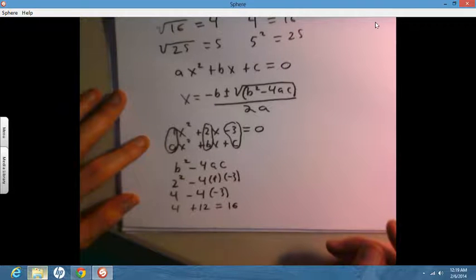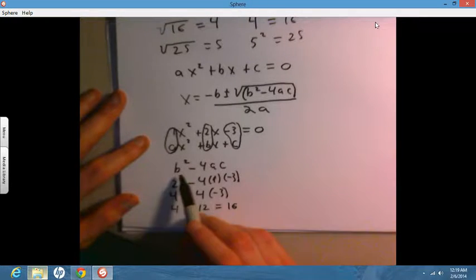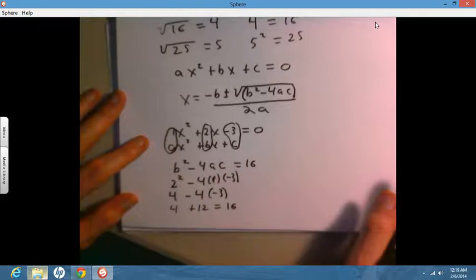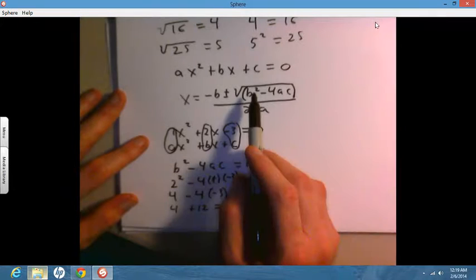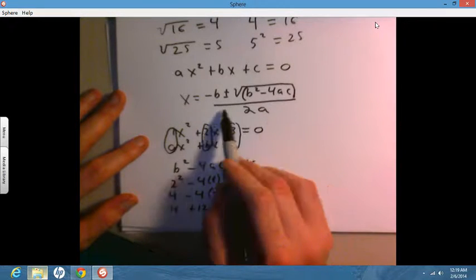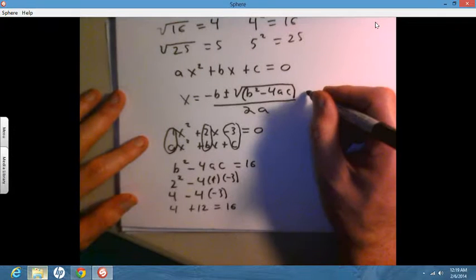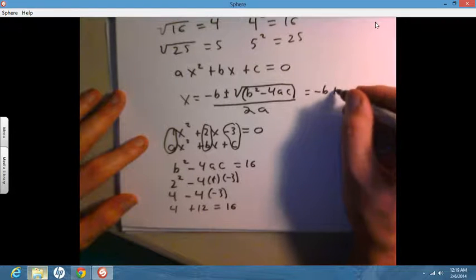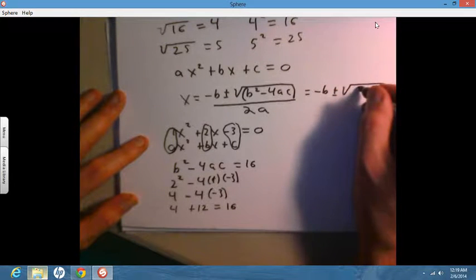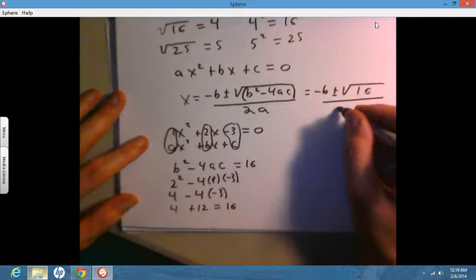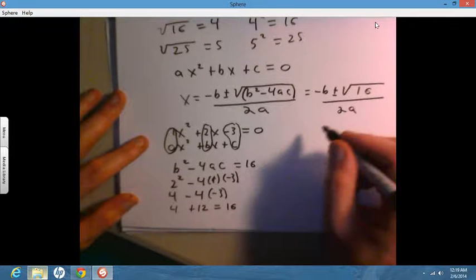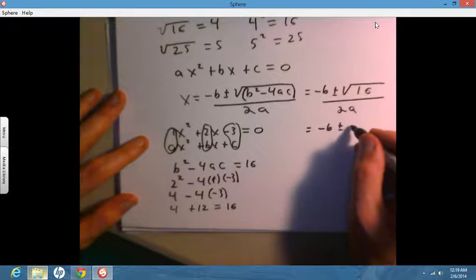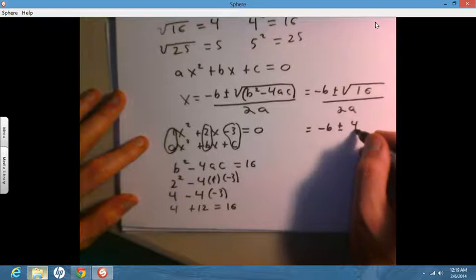Okay? So the b squared minus 4ac is just equal to 16 in this case. And what that tells me is that I'm going to have negative b plus or minus the square root of 16 divided by 2a. The square root of 16 is 4. So that's going to equal negative b plus or minus 4 divided by 2a.